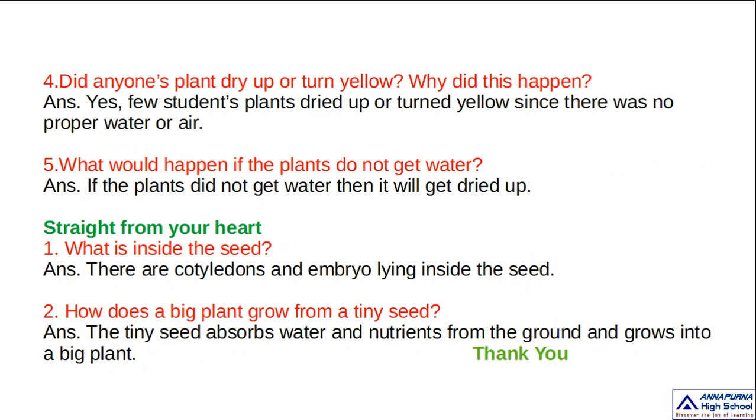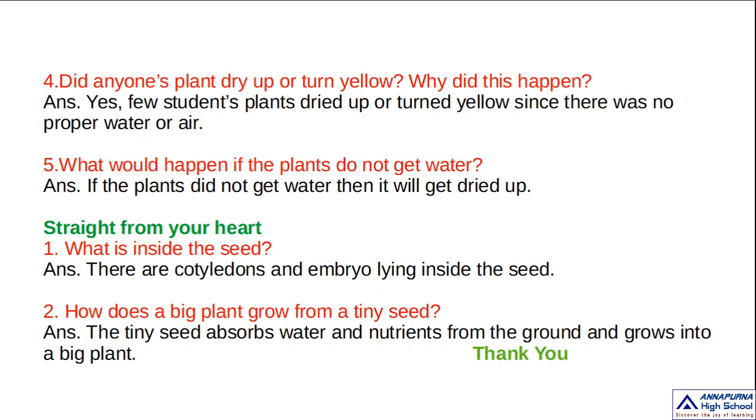Now next one, did anyone's plant dry up or turn yellow? Why did this happen? Yes, a few students' plants dried up or turned yellow since there was no proper water or air.